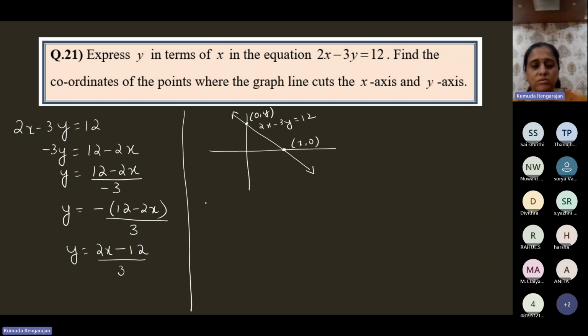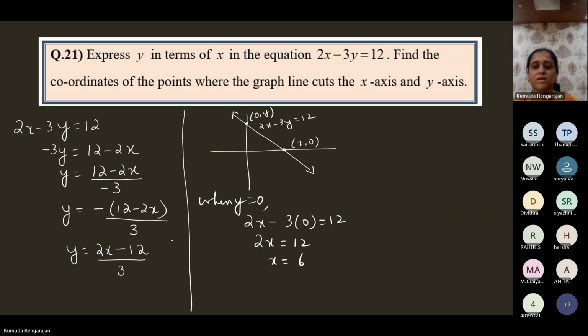So when y is equal to 0, 2x minus 3 into 0 is equal to 12. 2x is equal to 12 because 3 into 0 is 0. So x is equal to 6.